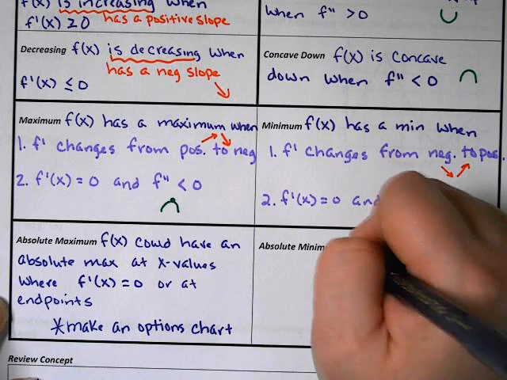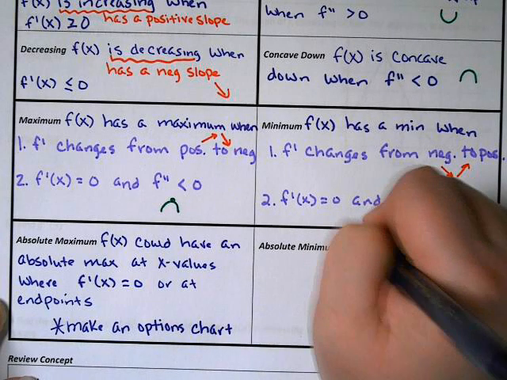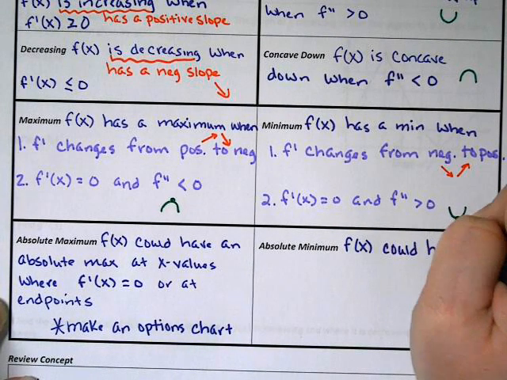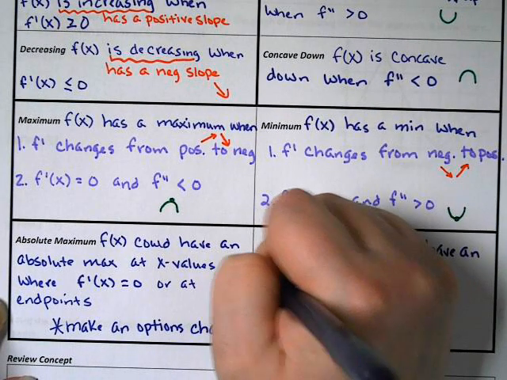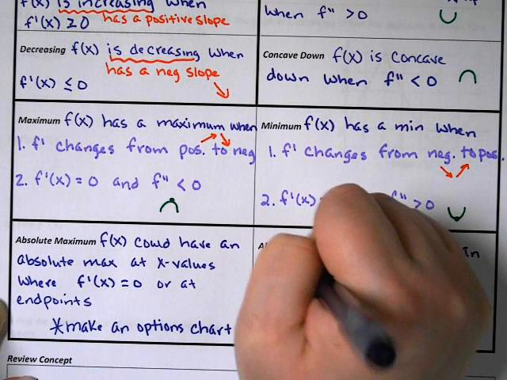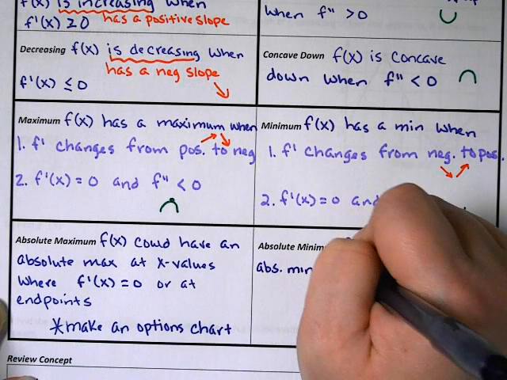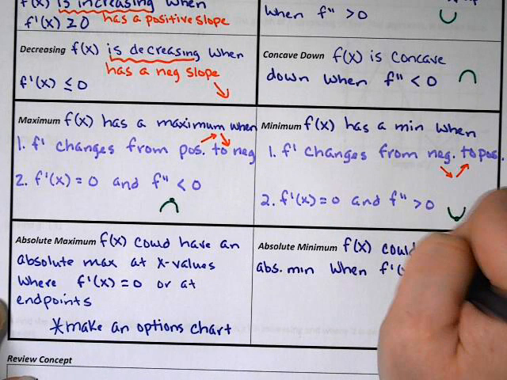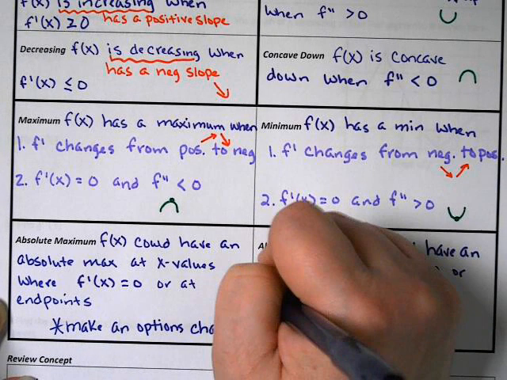Then for an absolute minimum, f of x could have an absolute min when f prime is 0 or at the endpoints.